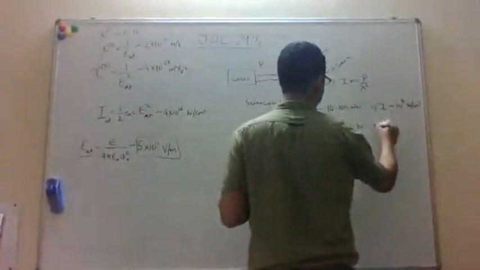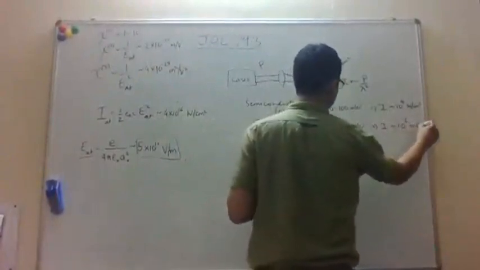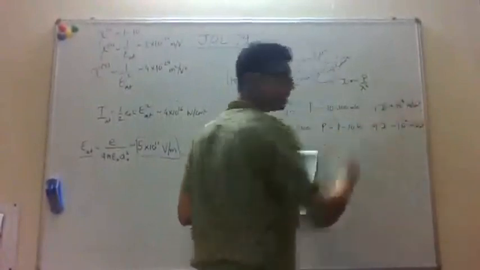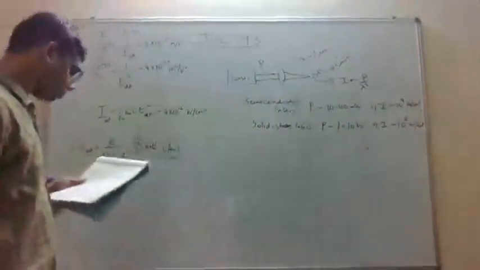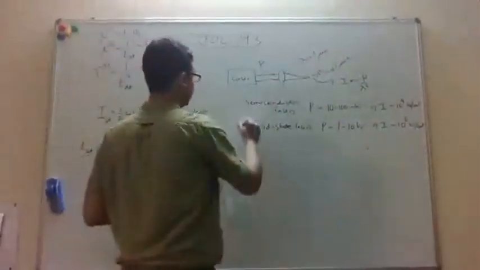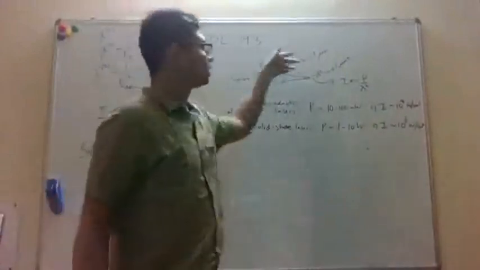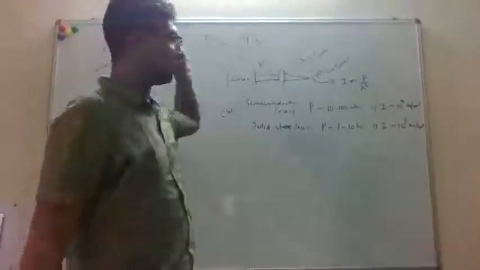So you can boost the intensity by a couple of orders of magnitude, go to like 10 to the 6. So these are typically what are known as CW lasers, which means that the output power is constant as a function of time.